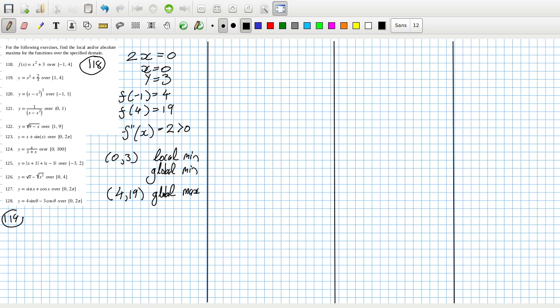119, the derivative is 2x minus 2 over x squared equals 0. So that means x would equal plus or minus 1. And then we should calculate the ends as well. So f of 1 is 3, and f of 4 is 16.5.